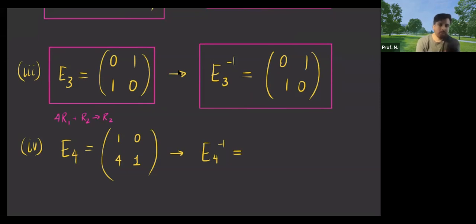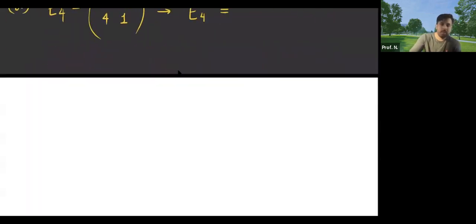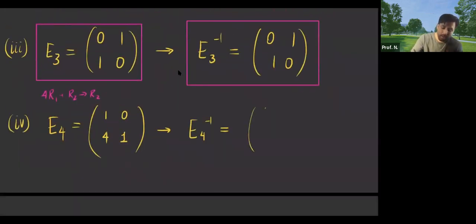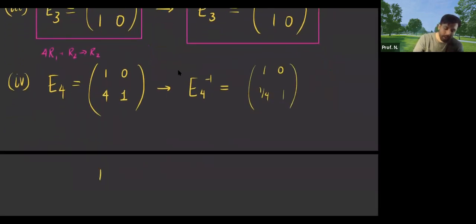You can actually just do the 2 by 2 thing. And then you see what happens. So you're saying 1, 0, 1/4, 1, right? Now let's try that. 1, 0, 4, 1, and then let's multiply that by 1, 1/4, 0, 1. I should get the identity when I do that.